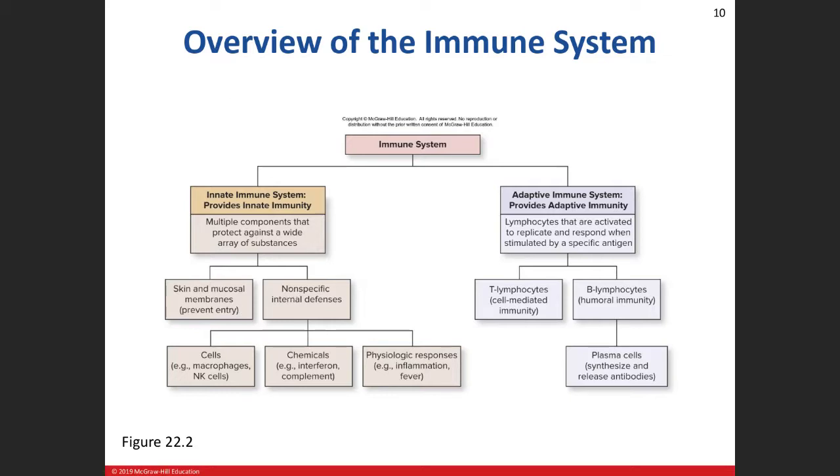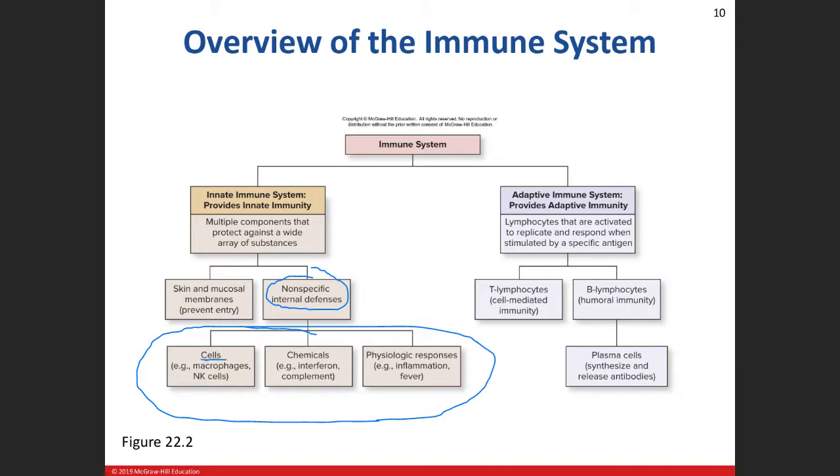And then the other part, when we talk about the innate, is the non-specific internal defenses. So what happens if something is able to get past the skin or the mucosal membranes? We're going to talk about all these different processes that occur.